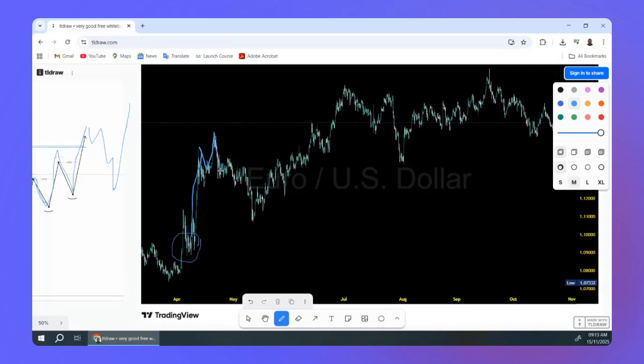Now we see that the market is coming and forming a chop and a break of structure here, what they call BOS. After breaking this structure, I probably think that the internal pullback has started.